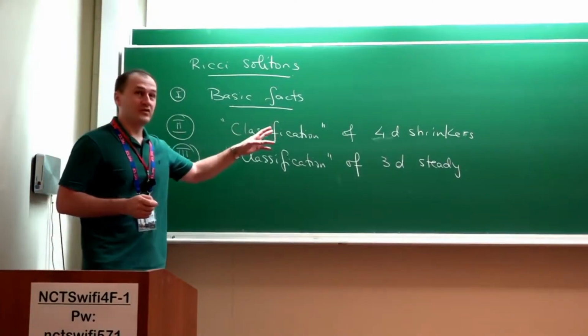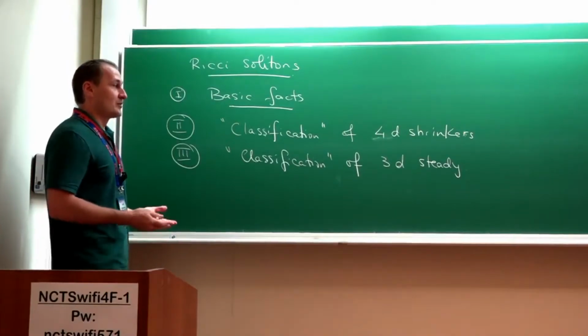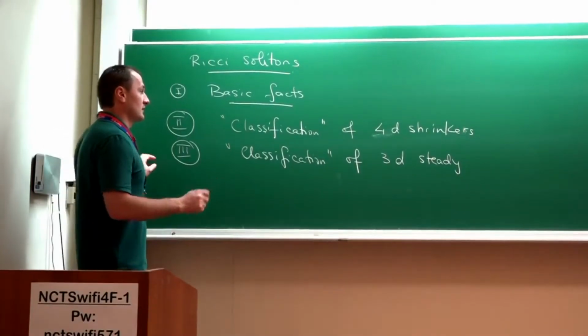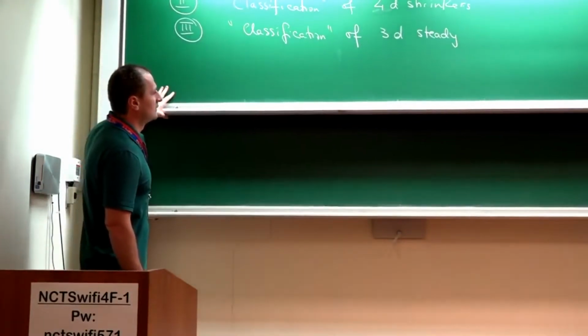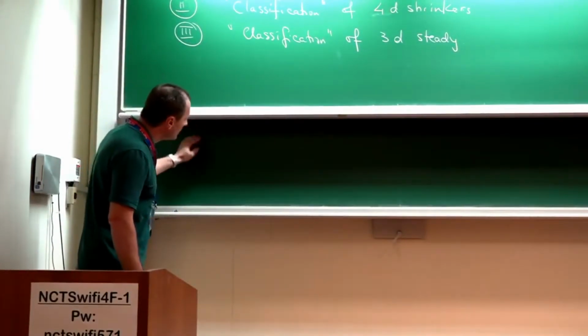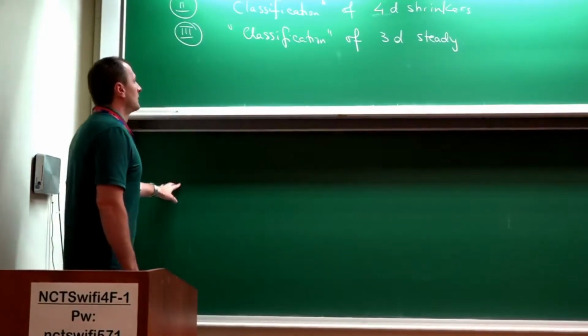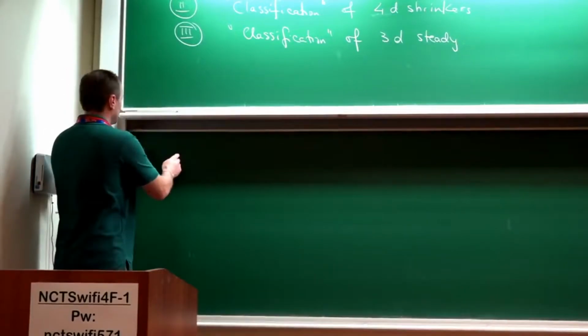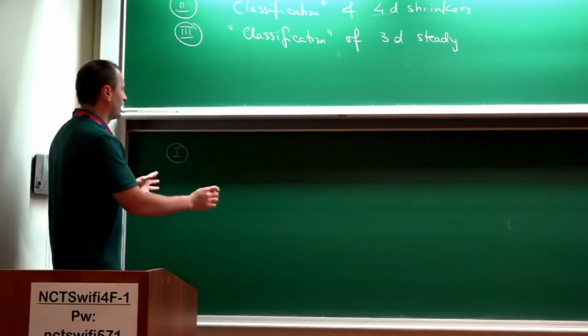That's why I put it in comments. So it's just going to be some details and some open questions: what's left of the classification. So let's just start with the first one. So basic facts.